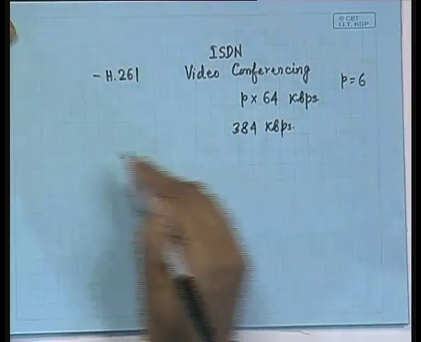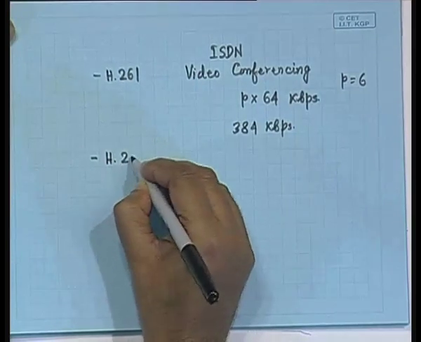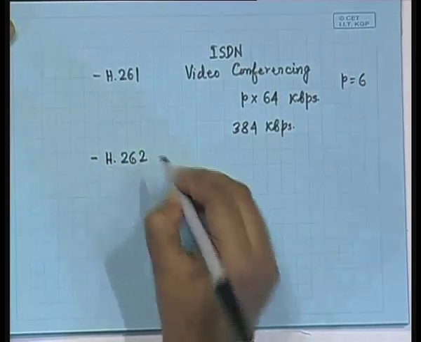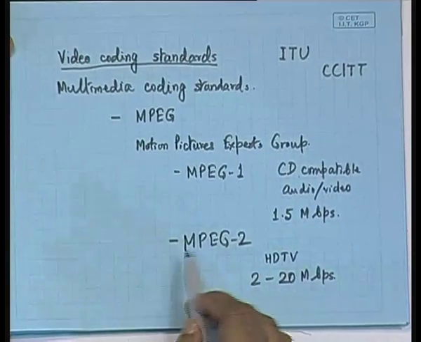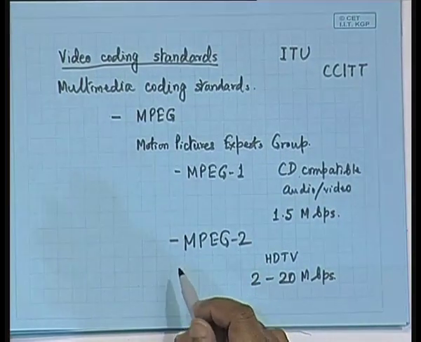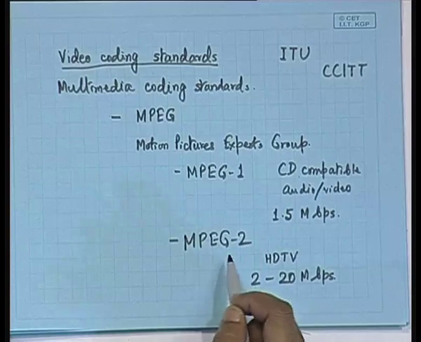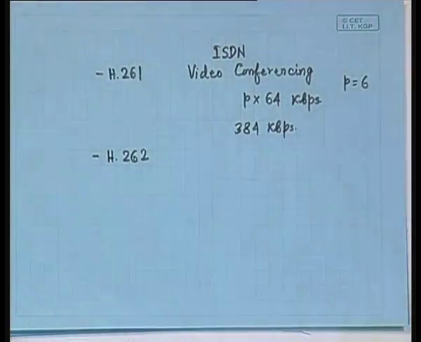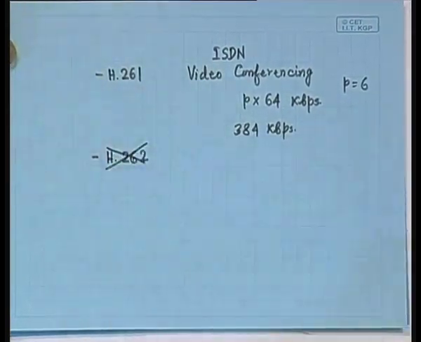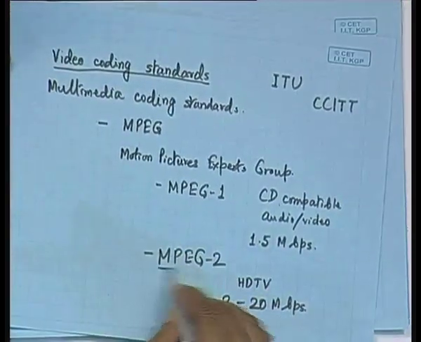Now, they also started work for the next generation of the standard, and this should have been H.262. But what happened was that when the MPEG 2 work began, it was found that more or less whatever H.262 wanted to address was also getting addressed by the MPEG 2 standard. So, there was no standard formally drafted as H.262, and instead all of H.262's charter got into MPEG 2.